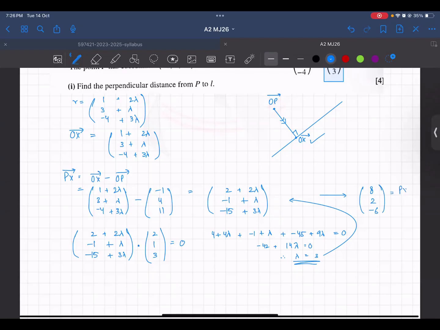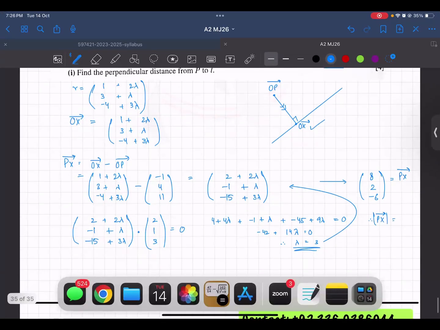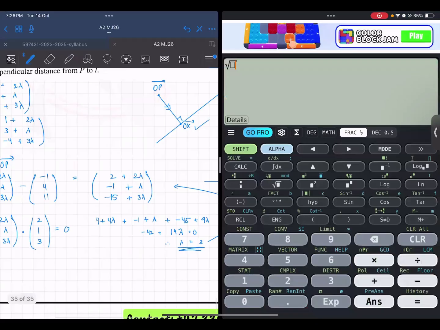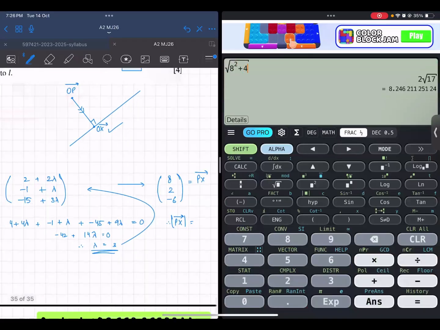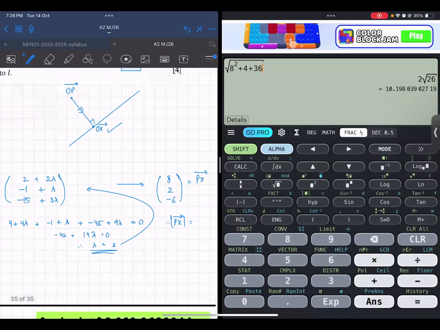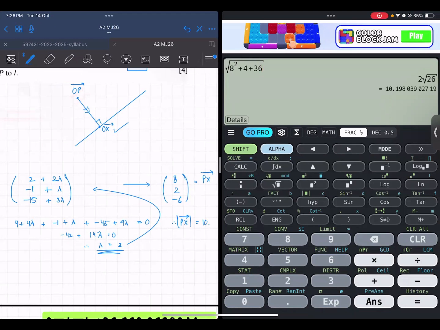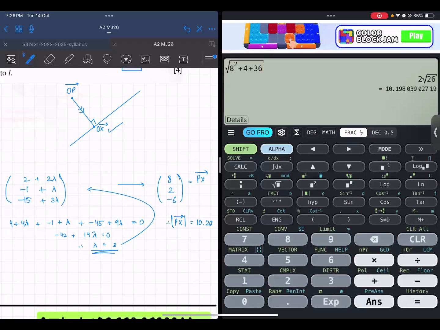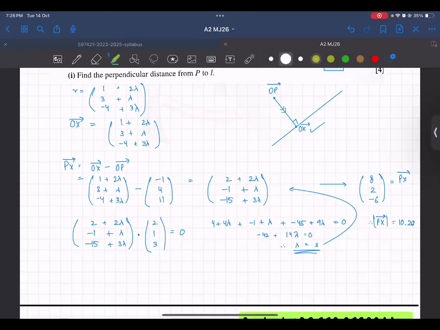This is your PX vector. The perpendicular distance would be the magnitude of this vector PX, which will be equal to the square root of 8 squared plus 4 plus 36, which is root 104. This is your answer.